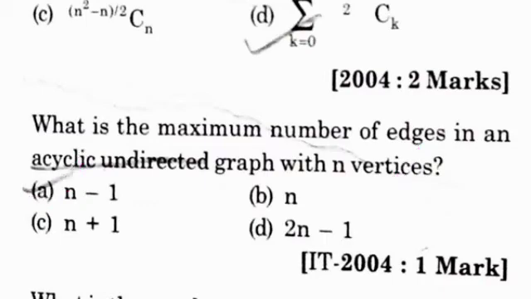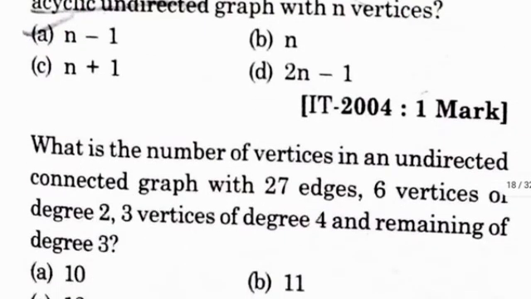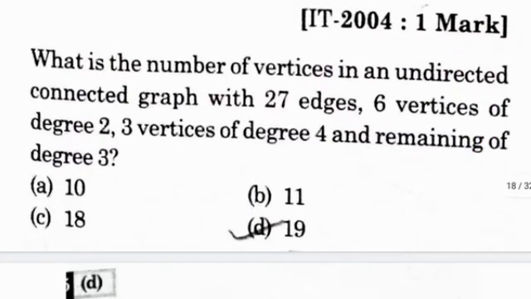Now come to the next question. What is the number of vertices in an undirected connected graph with 27 edges, 6 vertices of degree 2, 3 vertices of degree 4, and the remaining of degree 3? There are 4 options: option A 10, option B 11, option C 18, and option D 19.